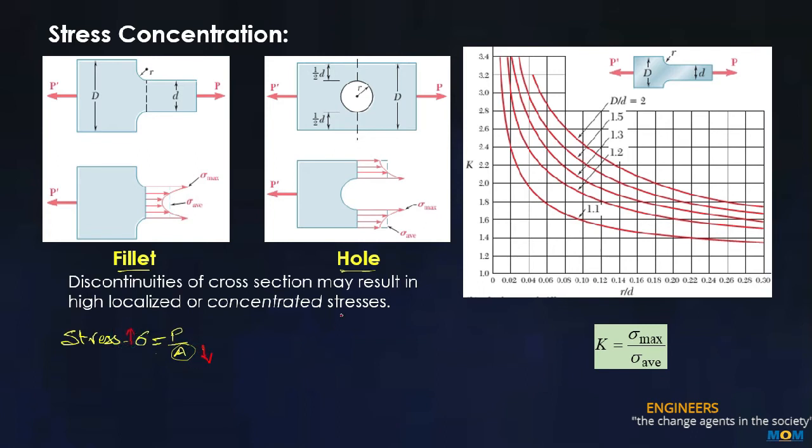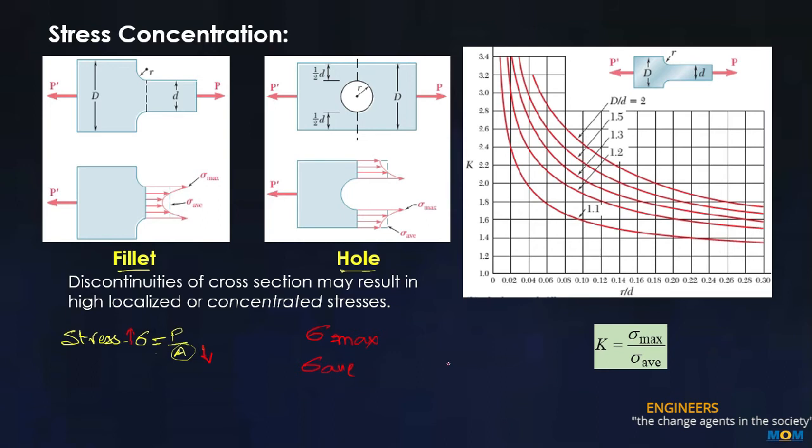So where the cross section area is minimum, there we are going to observe the maximum stress, and where the cross section area is uniform, we take that value as the average stress.